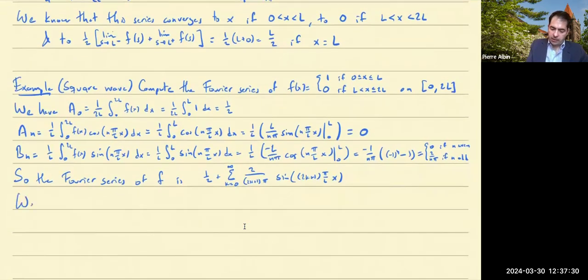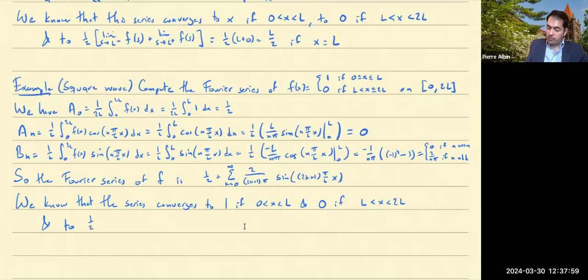Okay, and for this series, we know that the series converges to 1 if x is in between 0 and L, and 0 if x is in between L and 2L, and at the midpoint, it converges to the average of the one-sided limits.